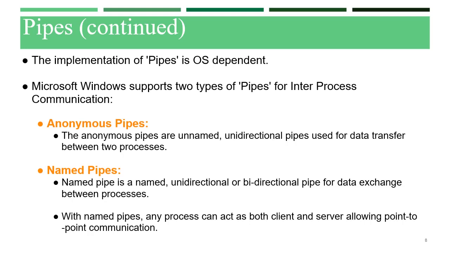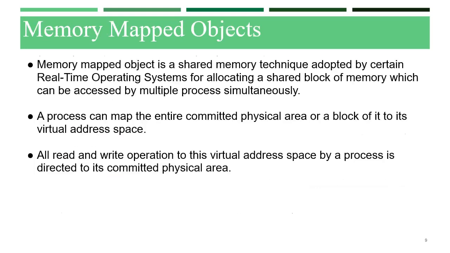Like anonymous pipes, the process which creates the named pipe is known as the pipe server, and the process which connects to the named pipe is known as the pipe client. With named pipes, any process can act as both client and server, which allows point-to-point communication. Named pipes can be used for communication between processes running on the same machine or on different machines connected to a network.